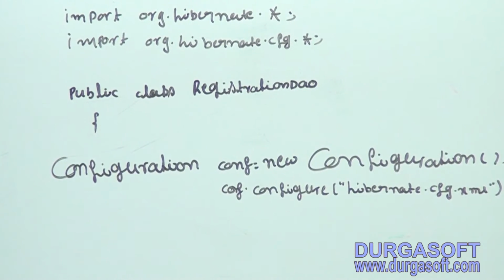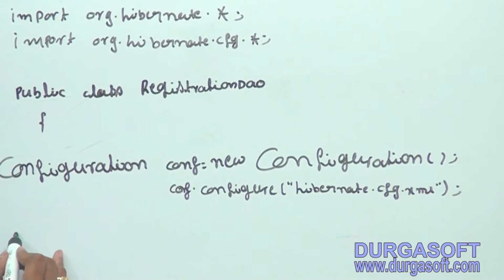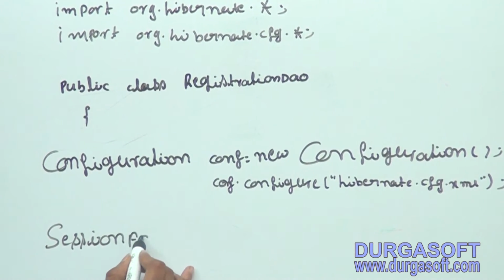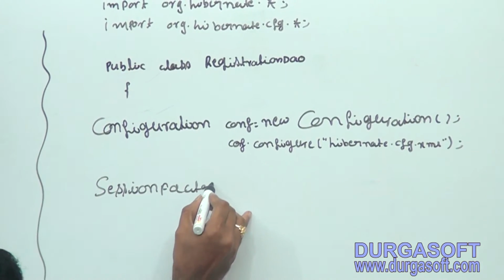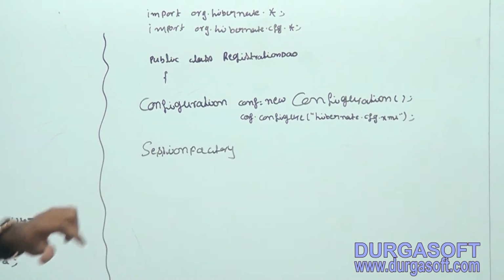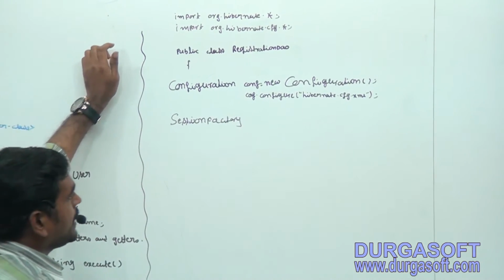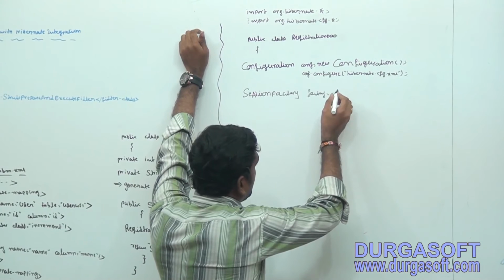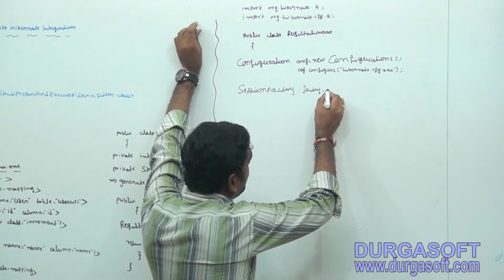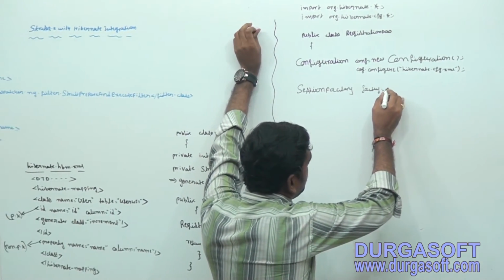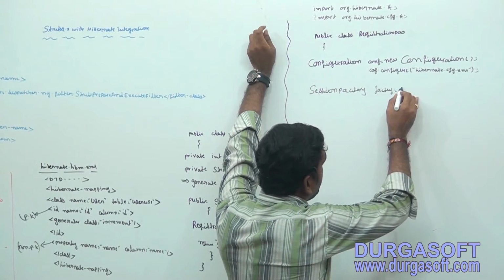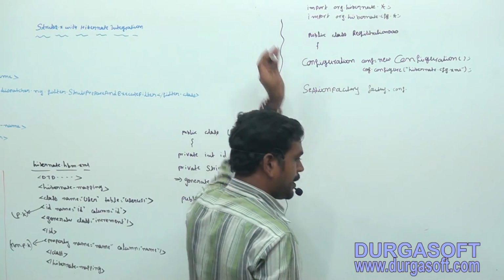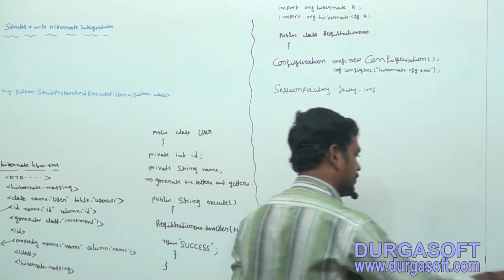The next, after that, SessionFactory factory is equal to conf dot buildSessionFactory.